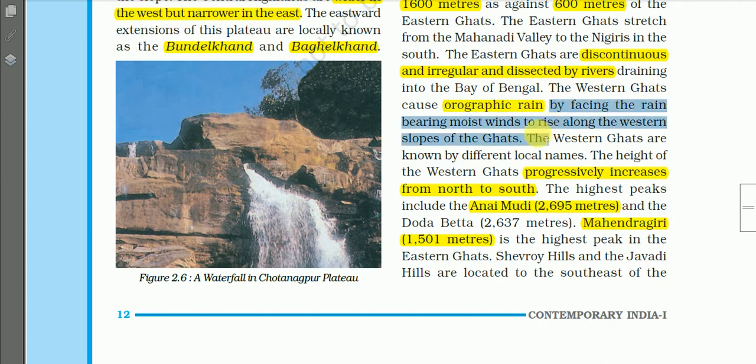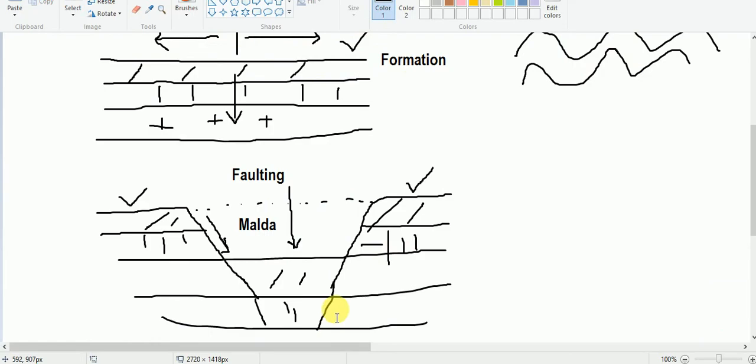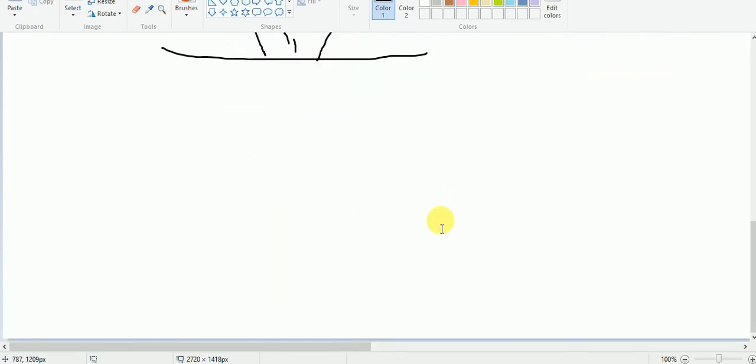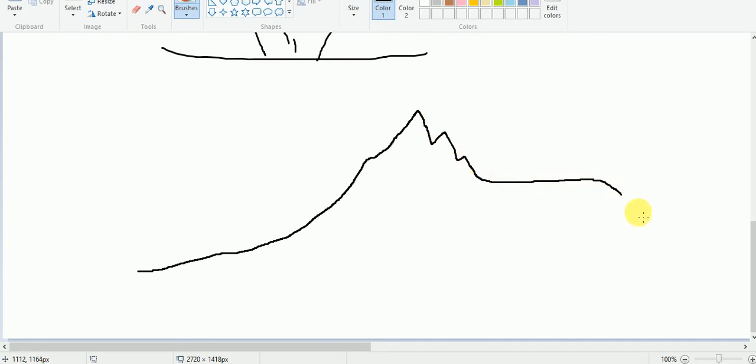Do you know what is orographic rain or orographic rainfall? Can anybody tell me what is orographic rainfall? Okay, so let me tell you. This is the Western Ghats, and this is the plateau.